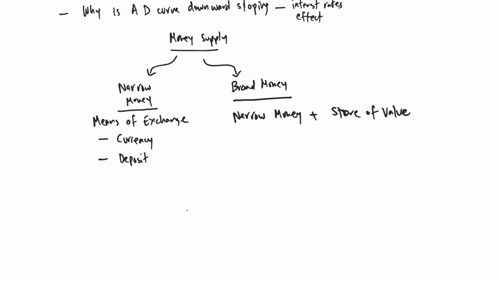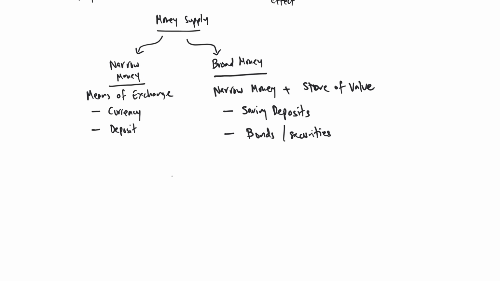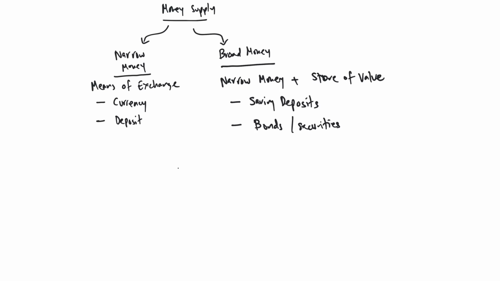So this would be all your narrow money, which you can see in deposit, but also may include your savings deposits, which may be less liquid, which means not easily converted, or sometimes they may even include your bonds and securities. These are the ones that you may need to liquidate to use them, but they do give you some return or interest, and that's why they have another feature, which is store of value. So when you look at money, money is basically narrow money and broad money combined together.